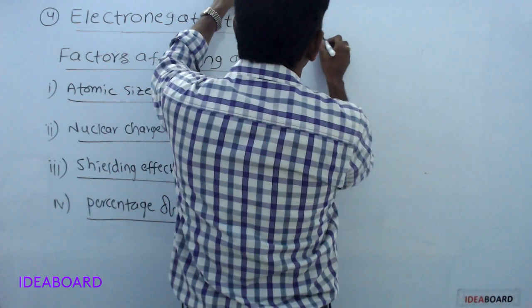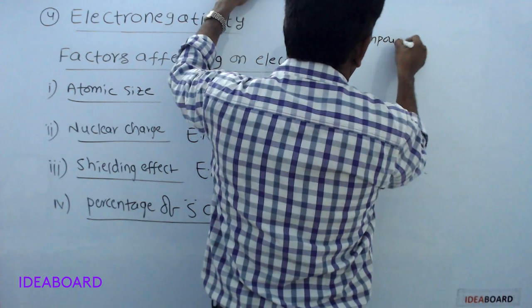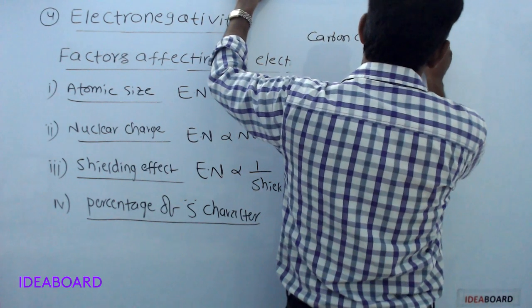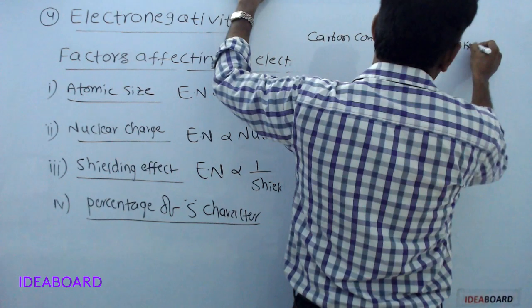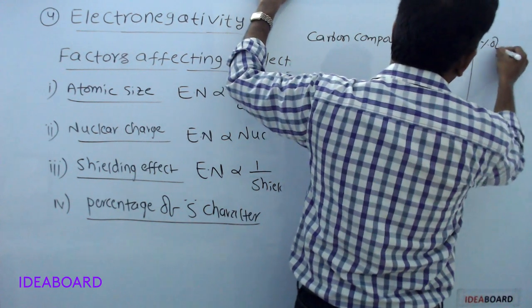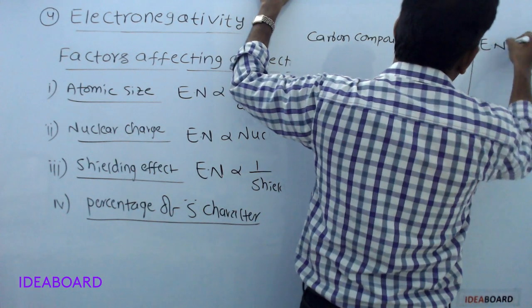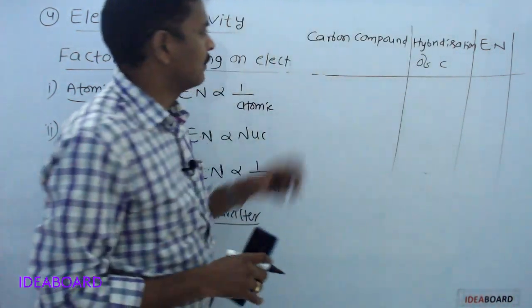See, for carbon compounds, hybridization of carbon and percentage of s character affect electronegativity.